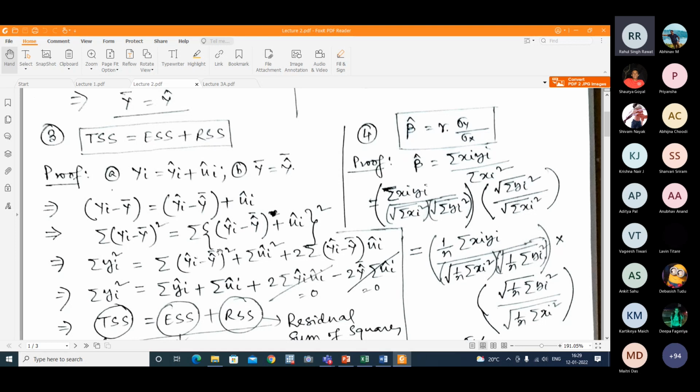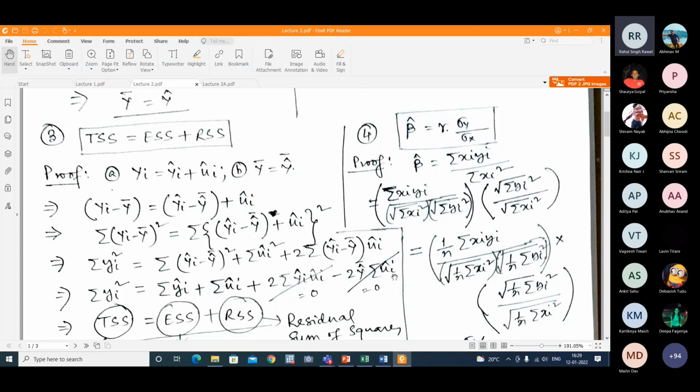So it is a square plus b square plus 2ab. When I am decomposing this 2ab component, I am getting 2 into summation of y hat i into u hat i minus 2 into y hat bar. Again, here I have used y hat bar, but already we have proved that y hat bar is nothing but y bar.